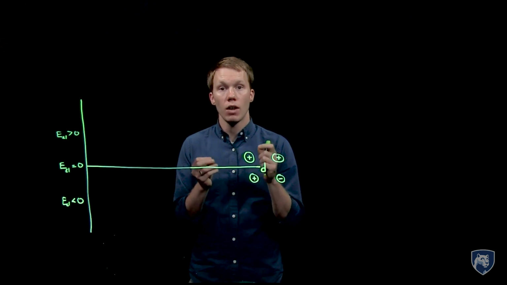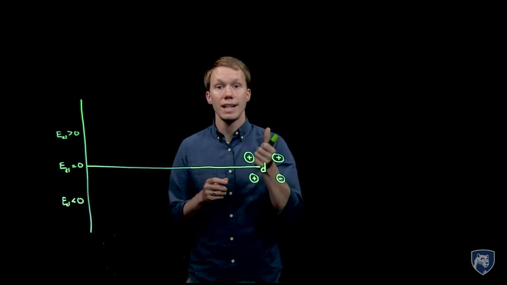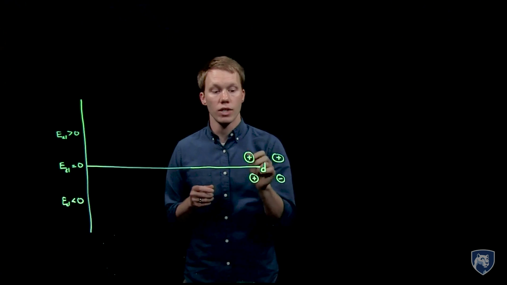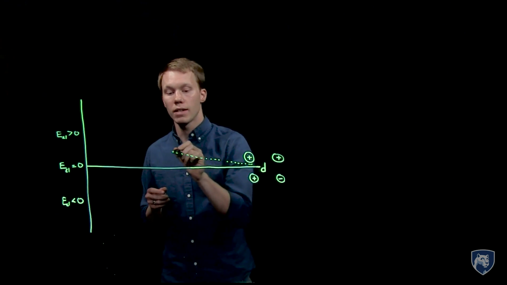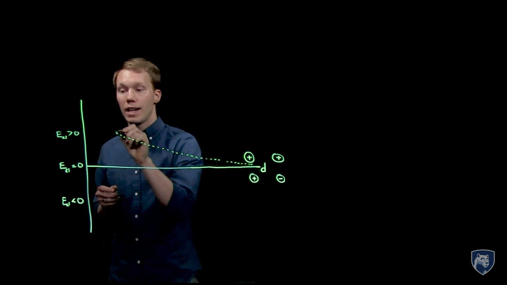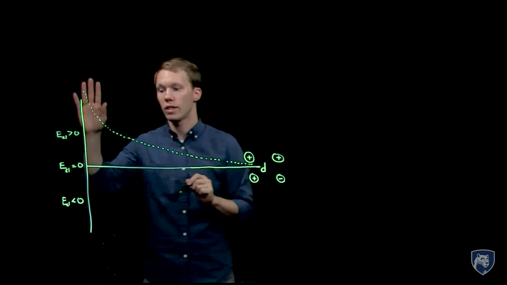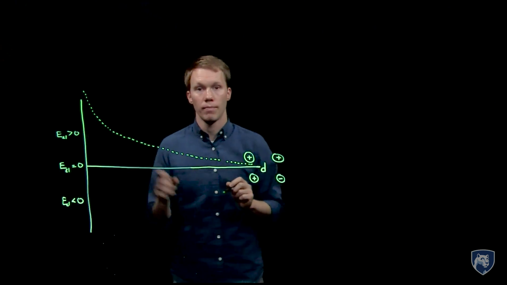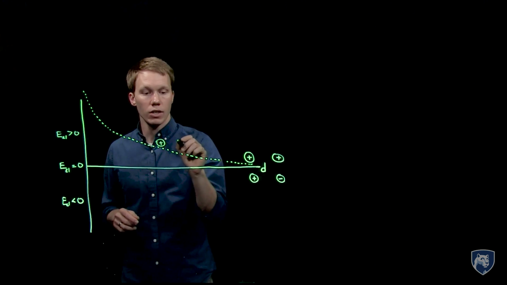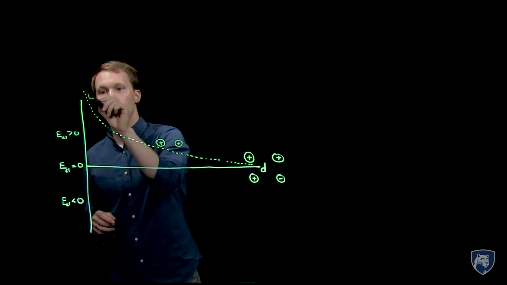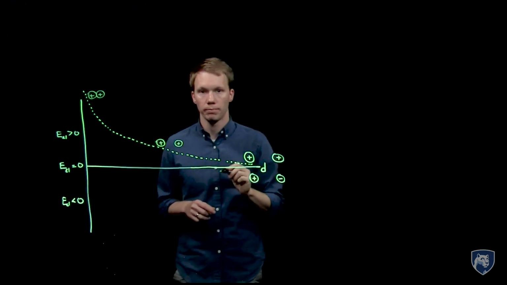And so work done on the system, being my two charges, would result in an increase of internal energy. So as the distance decreases, my energy increases and will eventually approach a maximum. So these are getting closer and closer together as we increase in energy.